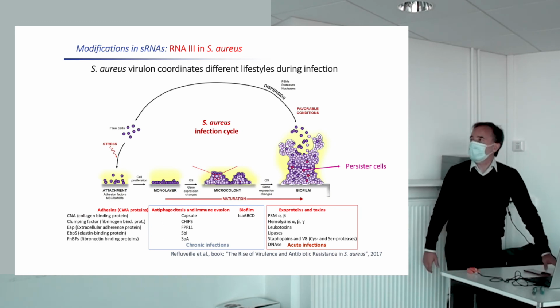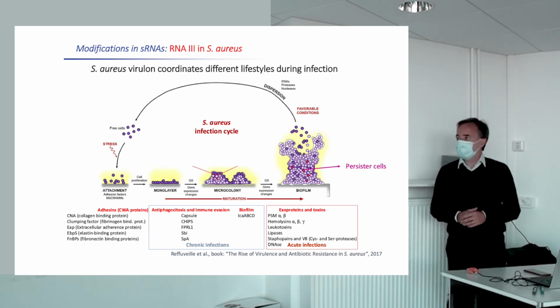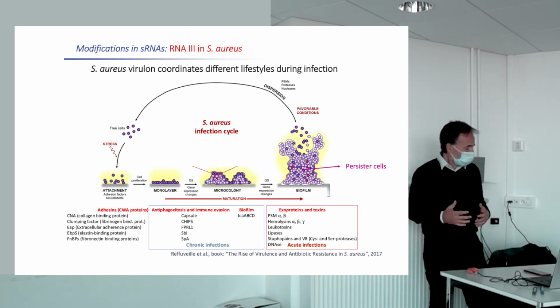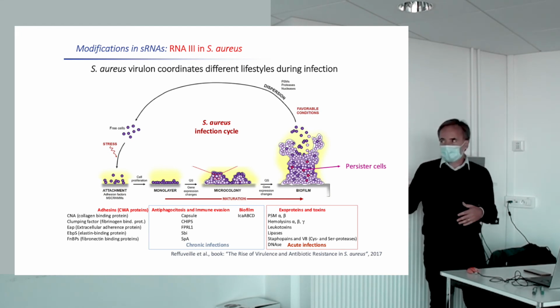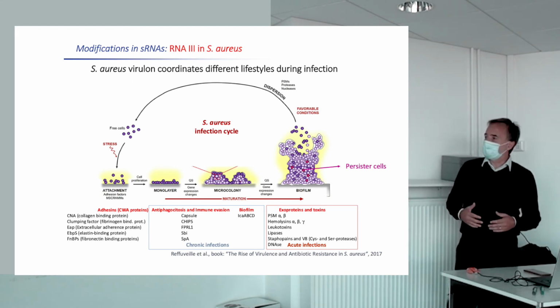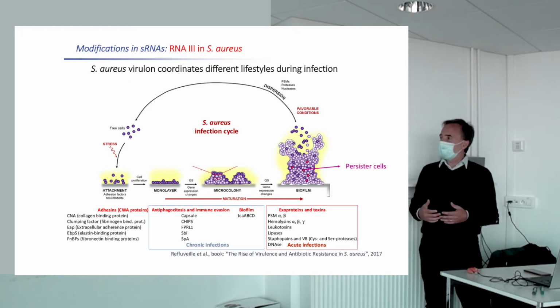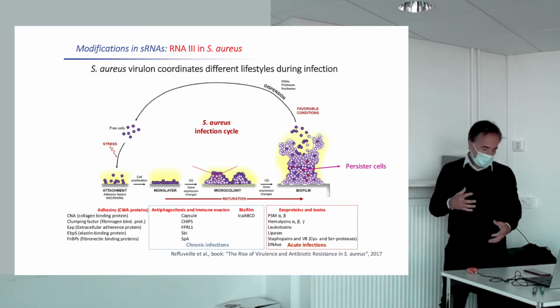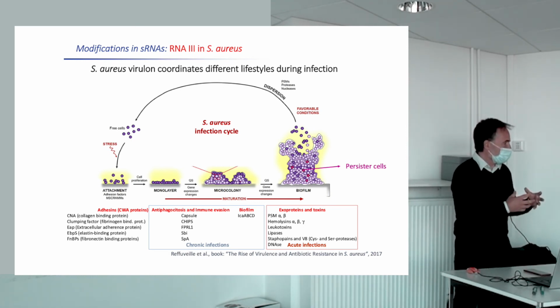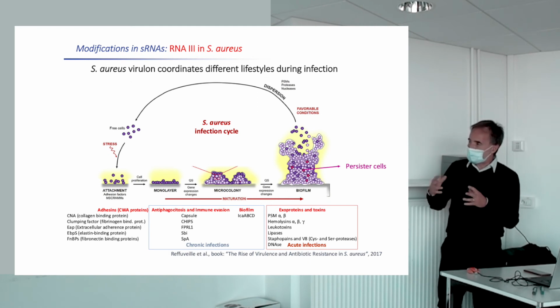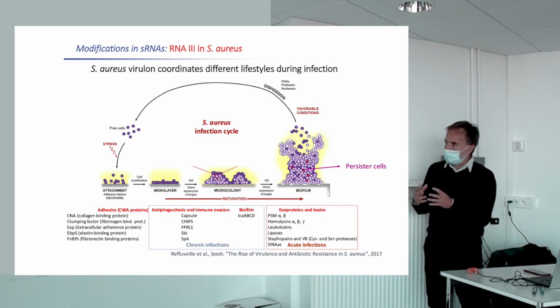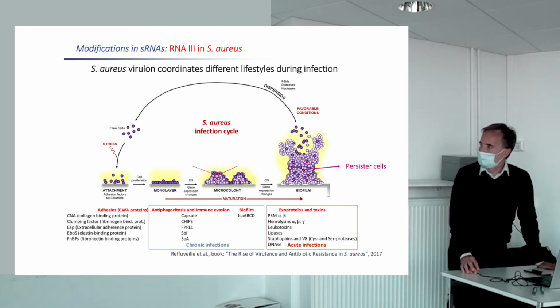Okay, so this is a typical Staphylococcus aureus infection cycle. When Staphylococcus aureus is in contact with the human host, the first thing it needs to do is attach to the organ, to the tissue, in order to start making colonies. At the beginning these are microcolonies that grow, protected by the biofilm that forms around them.